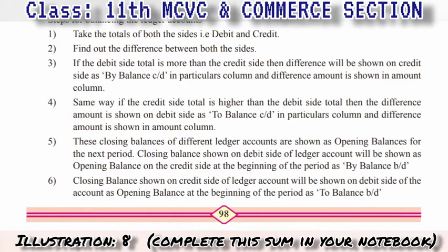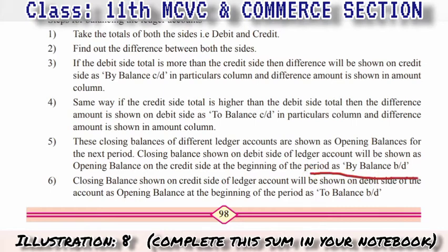The closing balances of the different ledger accounts are shown as opening balances of the next period. Closing balance shown on the debit side of the ledger account will be shown as opening balance on the debit side at the beginning of the period as to balance brought down.